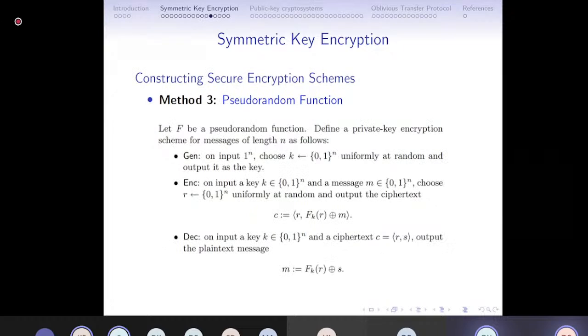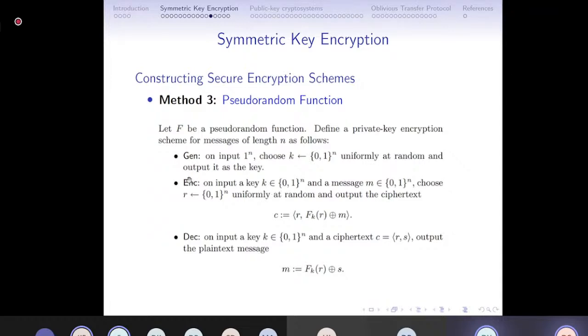So this is called the pseudo random function. In order to construct a secure symmetric encryption scheme using a pseudo random function, first of all we need to generate a uniform random key, and we assume that F is a pseudo random function, and we simply feed this key k to this function.